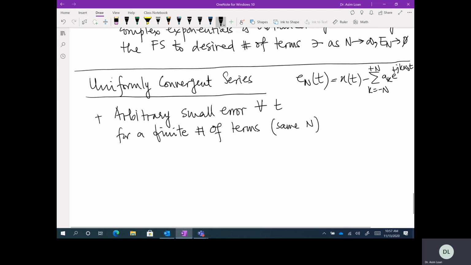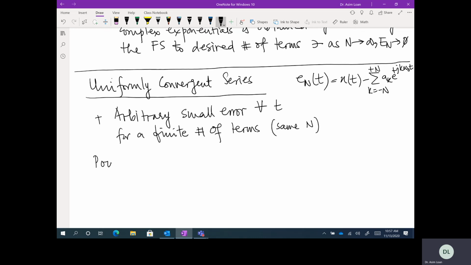And then you have the pointwise convergent series. What does the pointwise convergent series do?